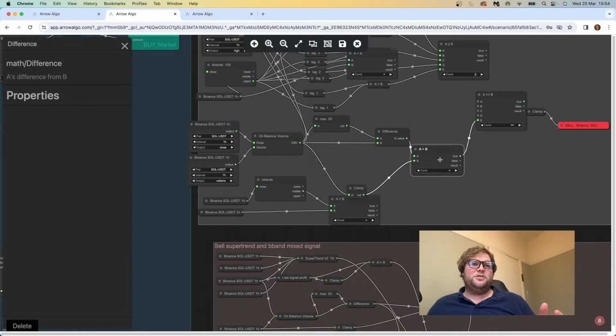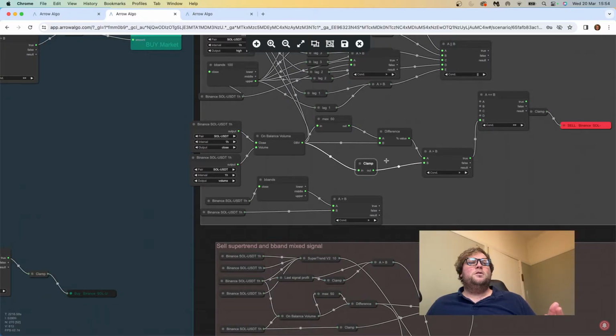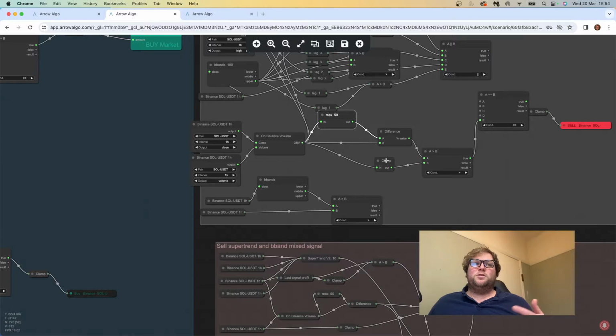And using this condition block here, we're comparing that difference to the value in this clamp, which is set at 20. So we are asking, is the difference between the current on-balance volume and the maximum that it was over the last 50 candles more than 20%?